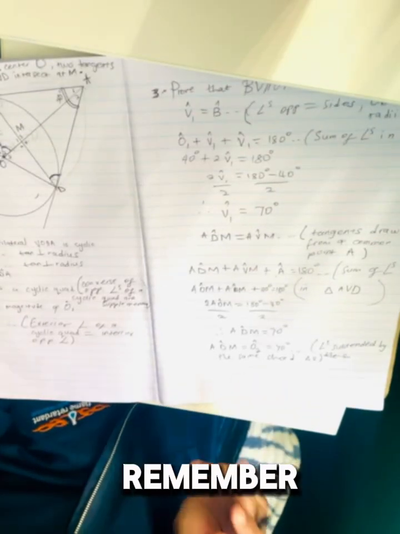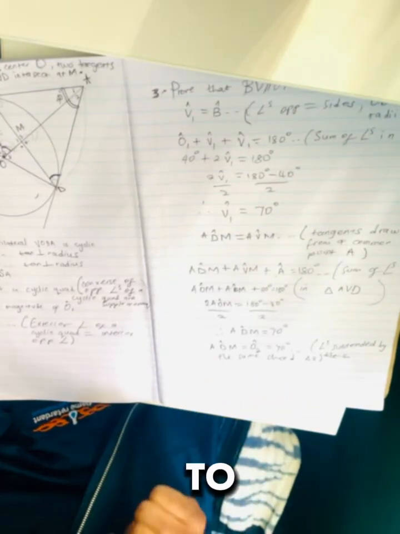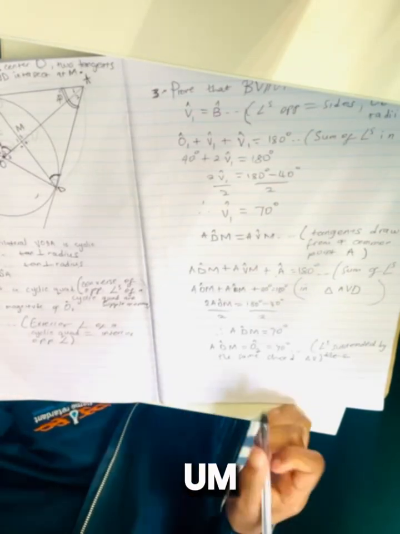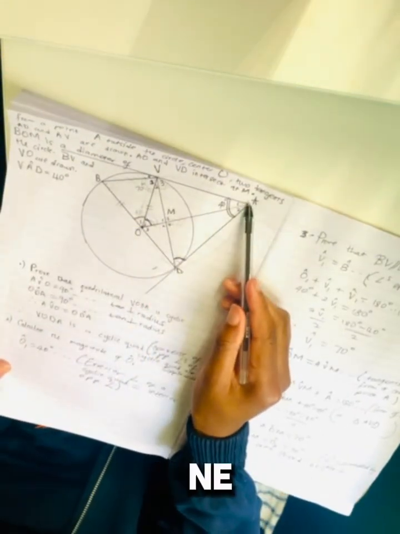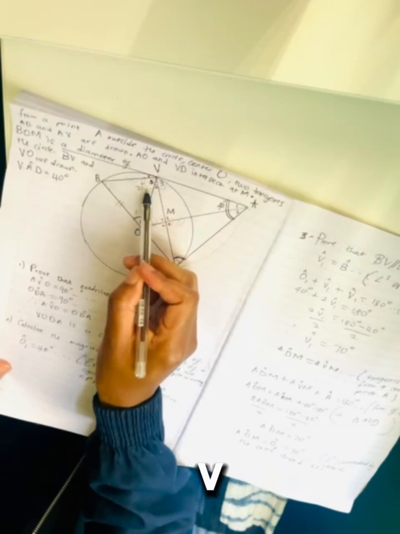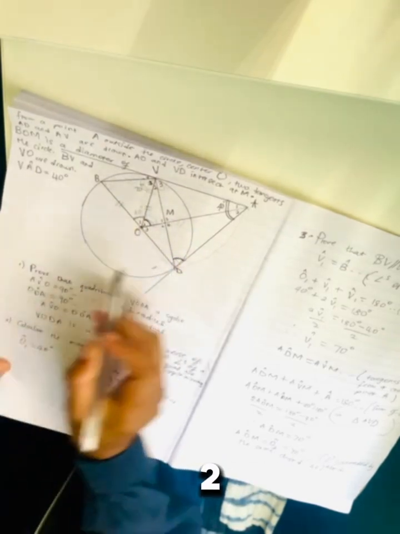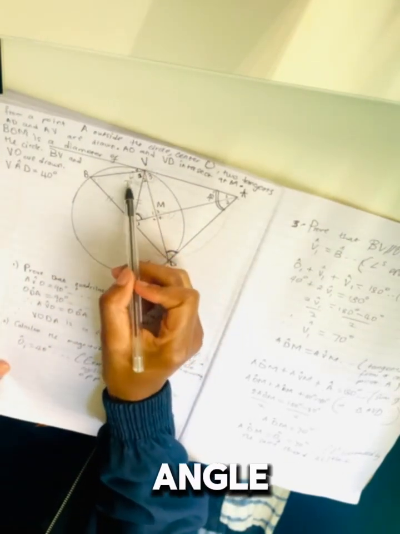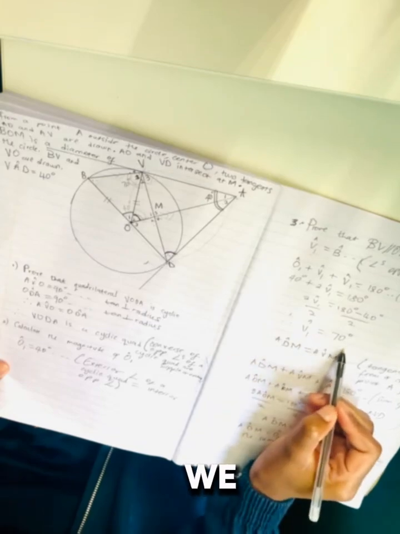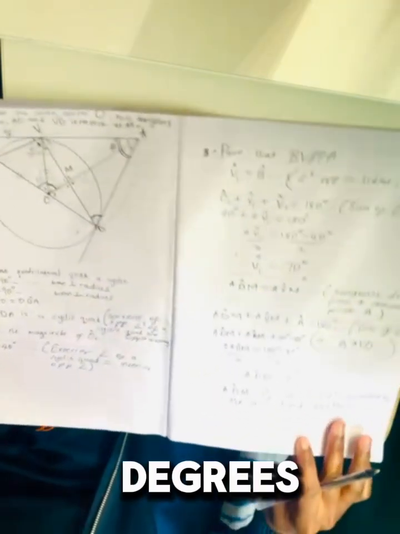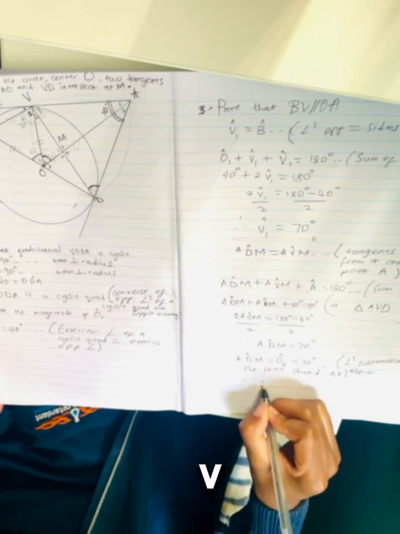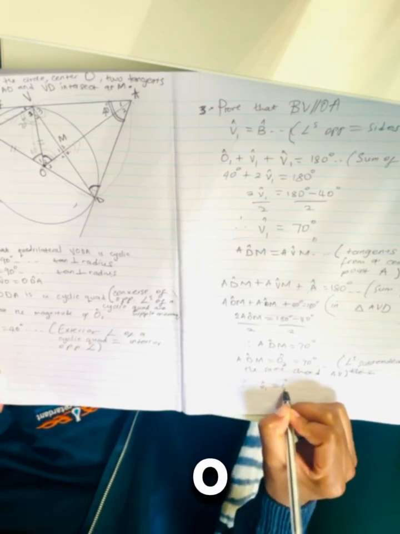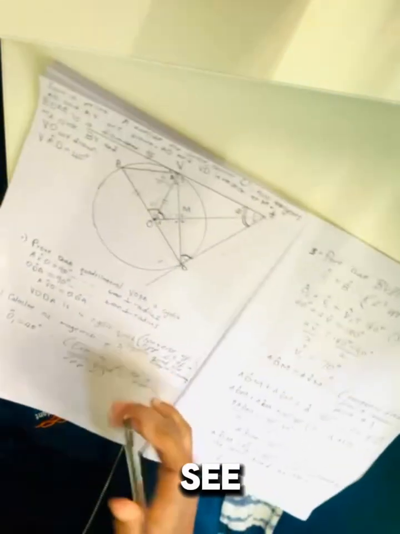So we need to remember that in order for us to prove that these two lines are parallel, we either prove that angle V1 is equal to angle O2. Remember that our angle V1, we calculated and we knew that it's equal to 70 degrees. So therefore angle V1 must be equal to angle O2. So what do you see here?